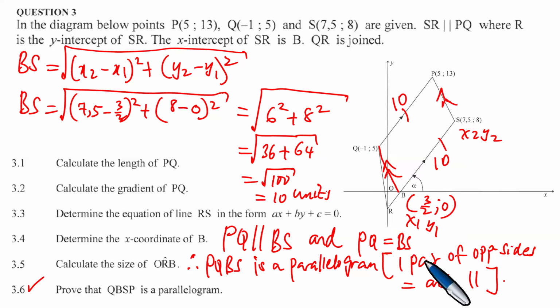So you have one pair of opposite sides equal and parallel, and because of that, we most certainly can conclude that the PQBS is a parallelogram. Okay, so just take note of that. This is very, very important to consider.